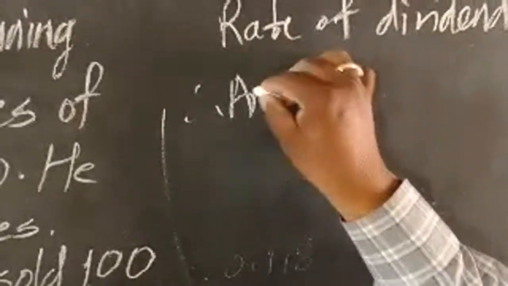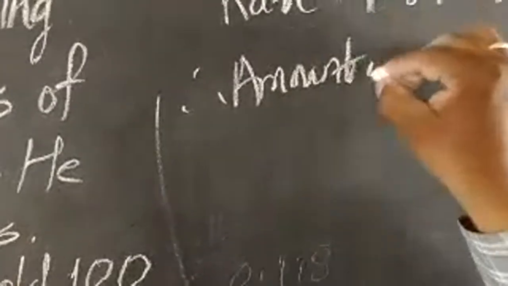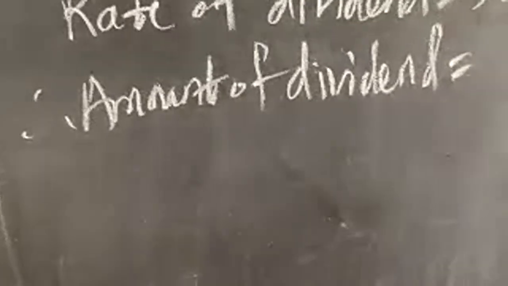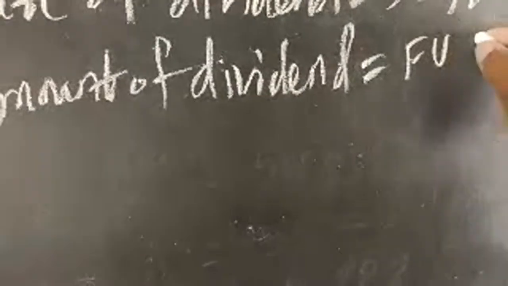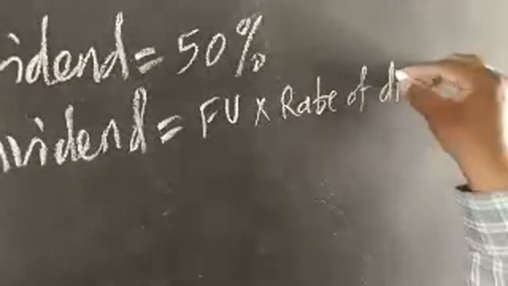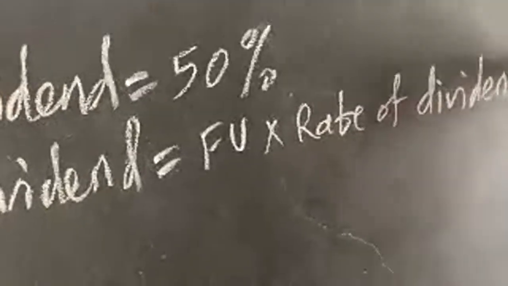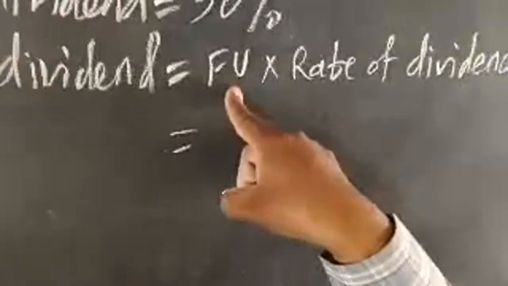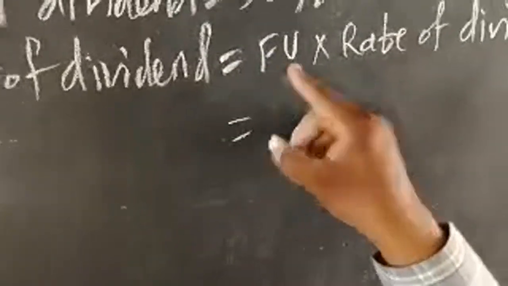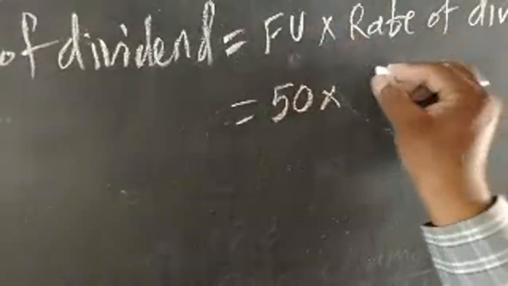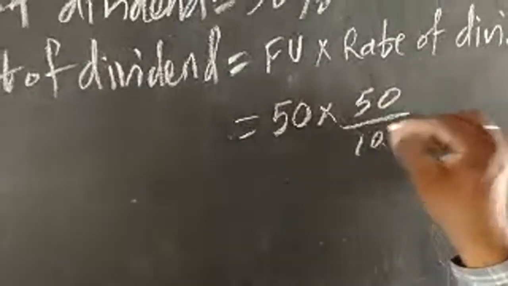Amount of dividend is equal to face value into rate of dividend. Always, dividend on face value is equal to what we write? Face value is 50 into 50 upon 100.